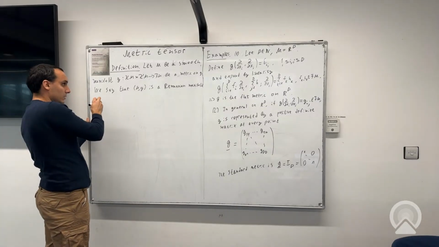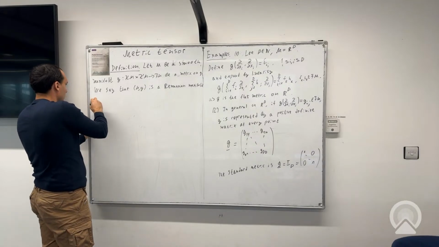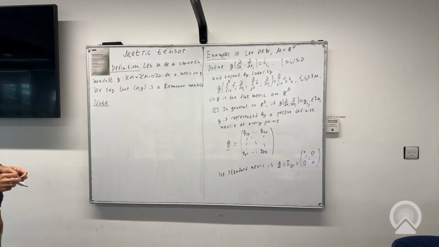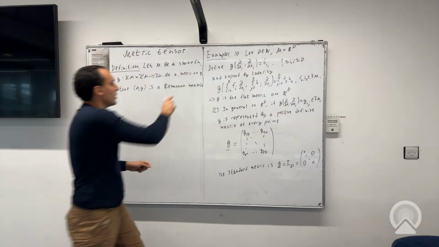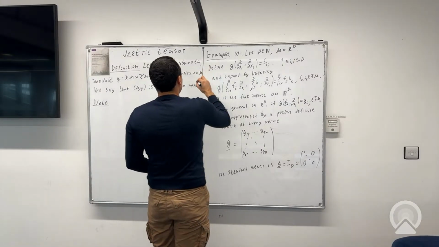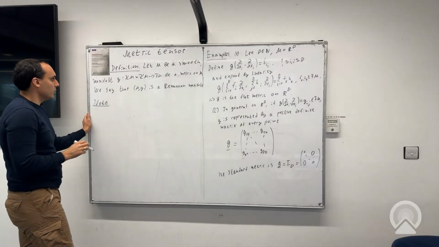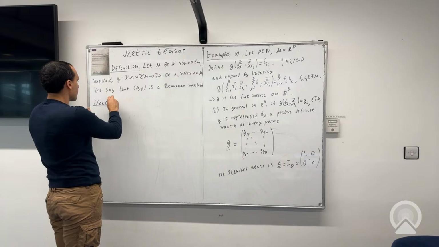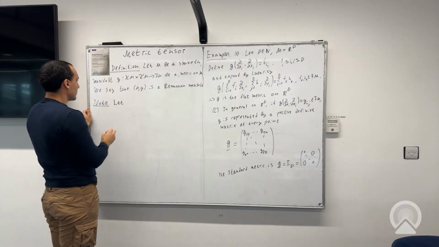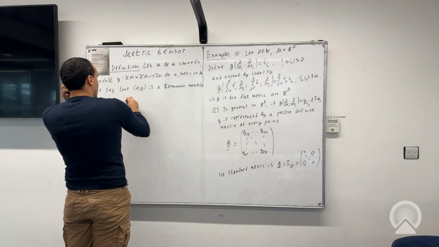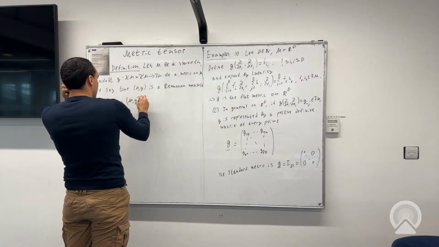So let me now have a note. Metric on M, yeah. Let M, G be Riemannian.